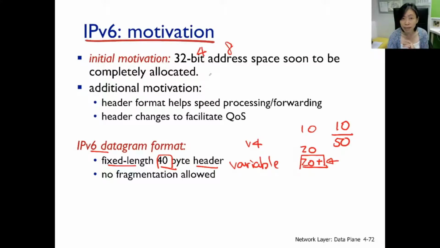But in version 6, the main goal is to expand the IP address space. So unavoidably, we have very long IP addresses, and two of them, one for the source IP and another for the destination IP, together 32 bytes. If you look at this, with the version 6 header of 40 bytes, we have only 8 bytes for the additional fields, while in version 4, 20 bytes long, we have 12 bytes for the additional fields.